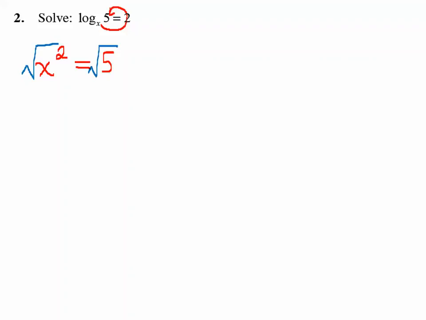And just a quick question here: should I or should I not put a plus or minus? I'm not going to put a plus or minus, because what are my restrictions for this base? It can't be negative, right? And it can't be 1. Those were my restrictions for the base of the exponential function. Can't be negative, so no plus or minus needed. The answer is just the square root of 5. So technically what we're saying is: what exponent do you put on the square root of 5 to give you 5? And the answer is 2.